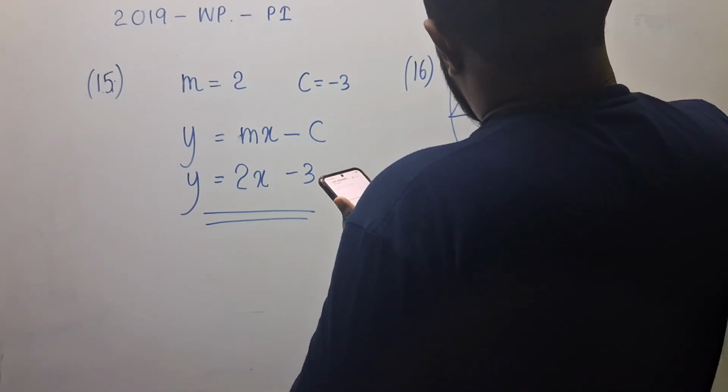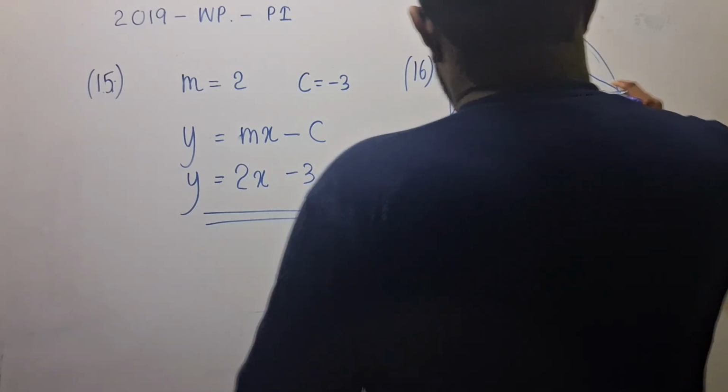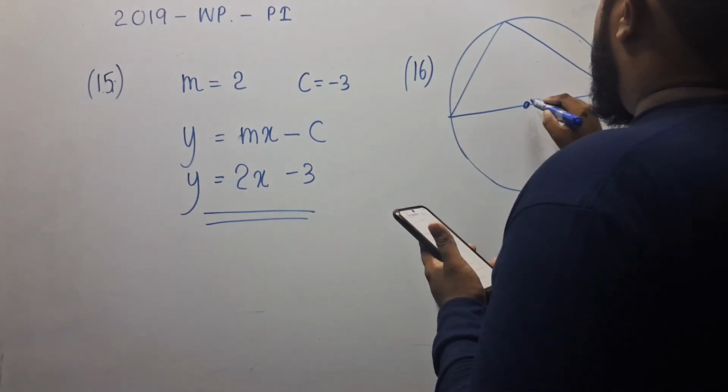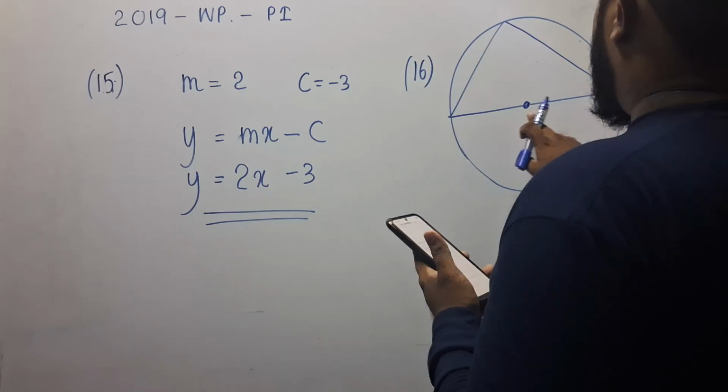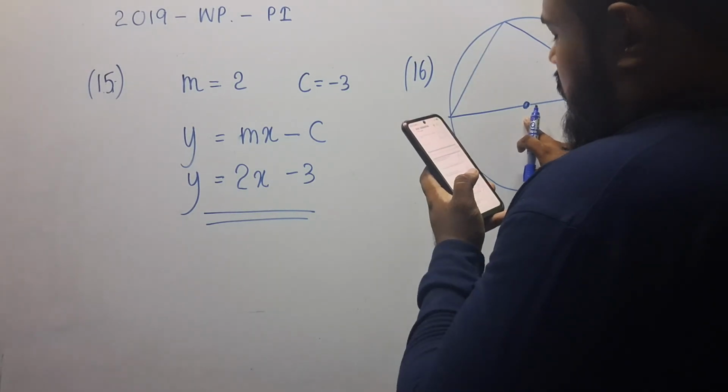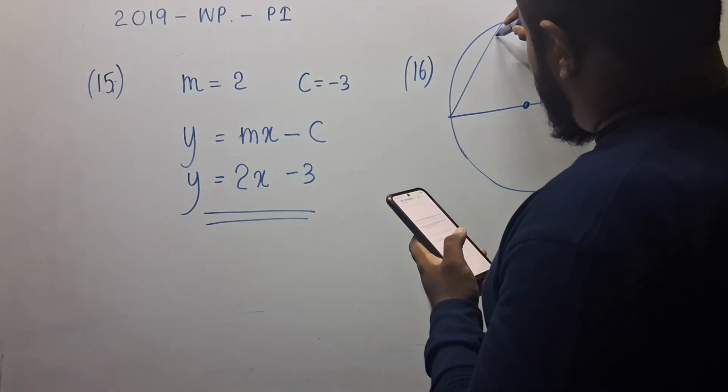So A is 90. This is the diameter and the middle, so the angle of a semicircle is 90 degrees.